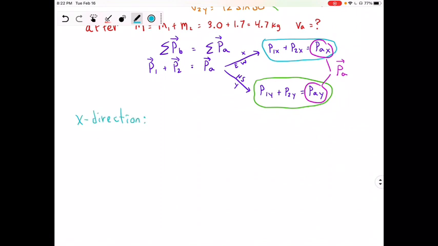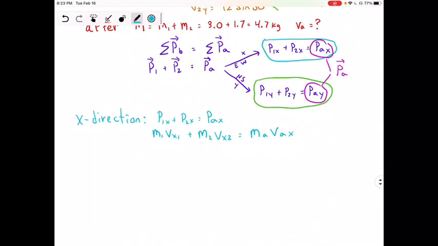In the x direction, we have p1x plus p2x equals p after x. Or writing that in terms of masses and velocities, we have m1 v1x plus m2 v2x equals m after v after in the x direction. So then let's sub in what we know.